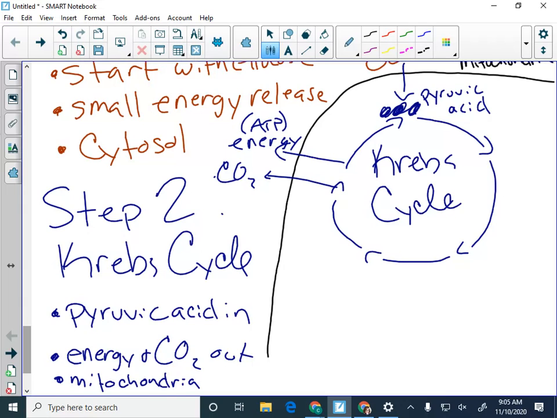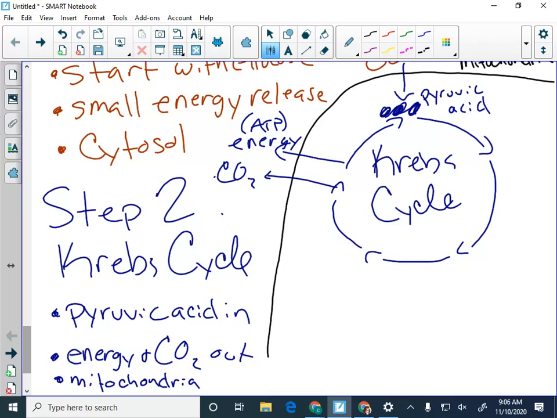Good job. So, step 1, we're breaking glucose down into pyruvic acid. That pyruvic acid will then enter the mitochondria where it gets into this cycle. We'll talk a lot more about the cycle tomorrow. We're going to release little bits of energy at each step, but it's still not enough.